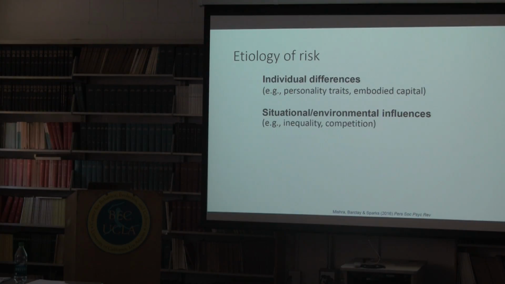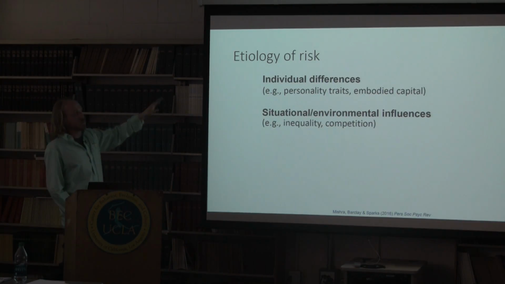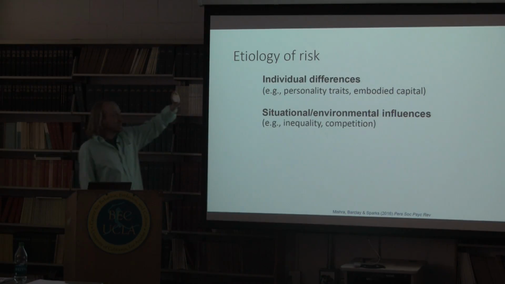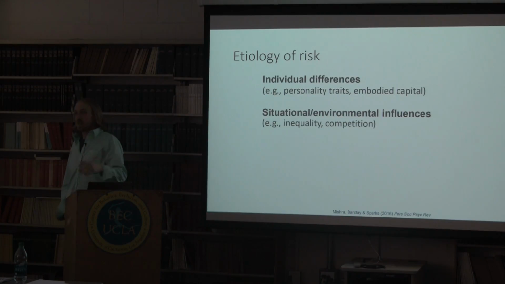Furthermore, presumably, if you're going to get into individual differences in risk, you want to look at how the risky behaviors relate to individual trait-type things about the individual, things like personality traits. I'll focus in a minute a lot on embodied capital or some other type of quality measure. And then you want to always situate the individual within a situation, within an environment in which they find themselves.